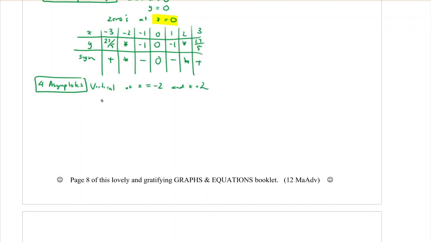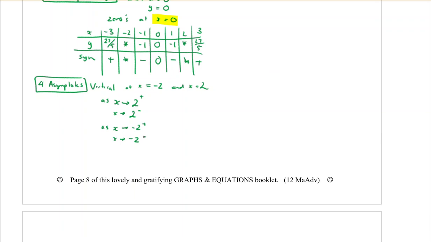We would analyze as x is approaching positive 2 from the plus side and from the negative side. And we're also going to have to do -2 from the plus side and from the minus side. We can use our table of signs to help us with this, or you can type more stuff into your calculator if you prefer.